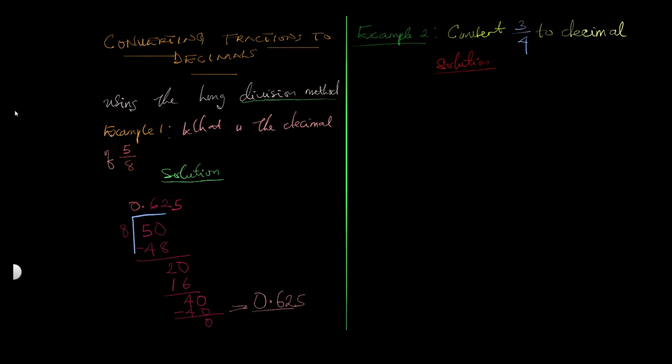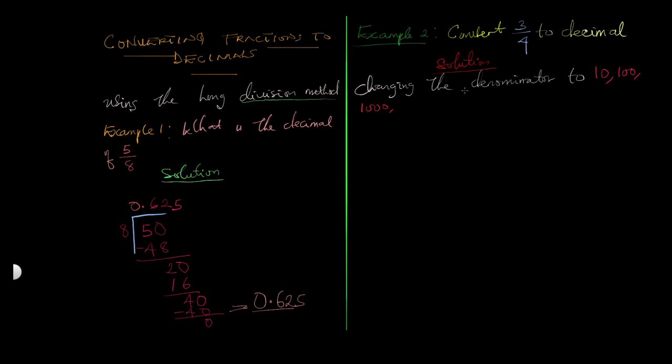The method here will be for us to change the denominator. You can change the denominator to any of these set of numbers. You can change it to 10. If you don't change it to 10, you can change it to 100. If not, you can change it to 1,000, 10,000 and the rest.